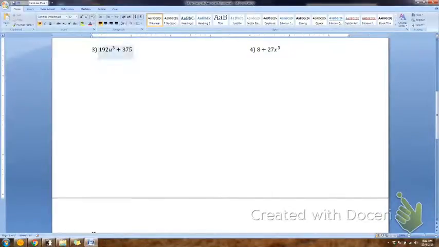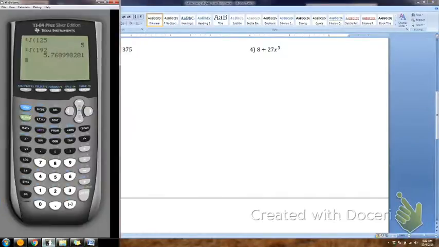So if I look at 192 and 375, I can't divide out by 2 because 375 is not an even number. So let's see if we can divide each of those by 3. And we want to get a perfect cube when we divide. So 192, if I divide it by 3, that goes evenly and it's 64. Look at your list up there.